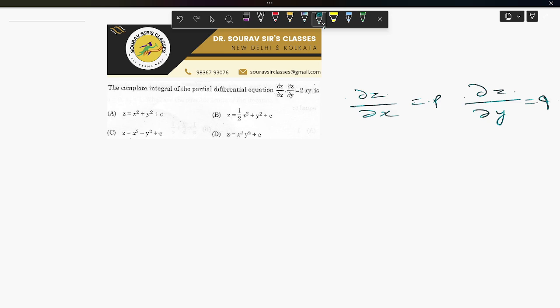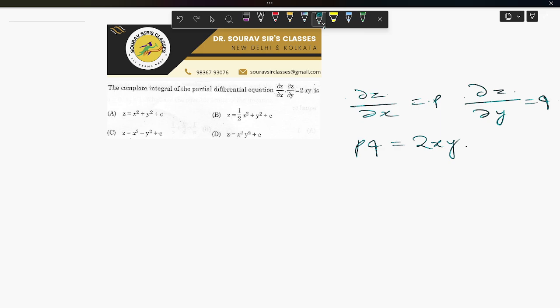So our given equation is pq equals 2xy. Okay, so this is our given differential equation here. Now we are going to use the separation of variables to solve this question.